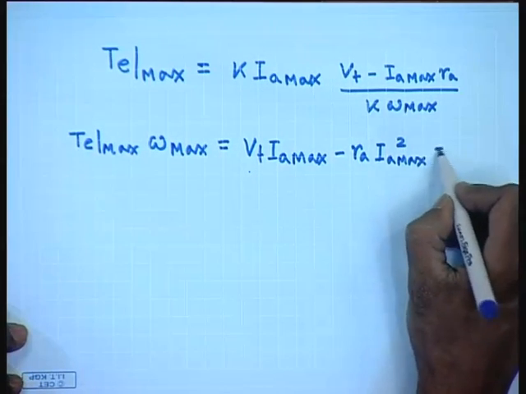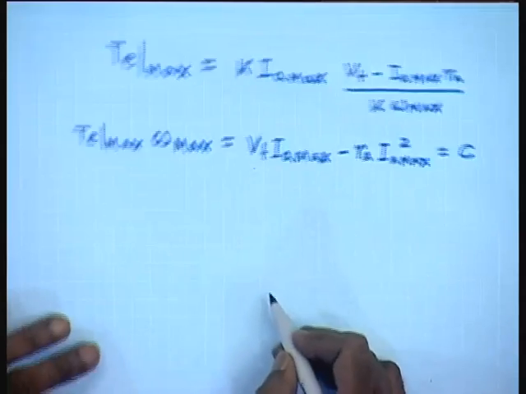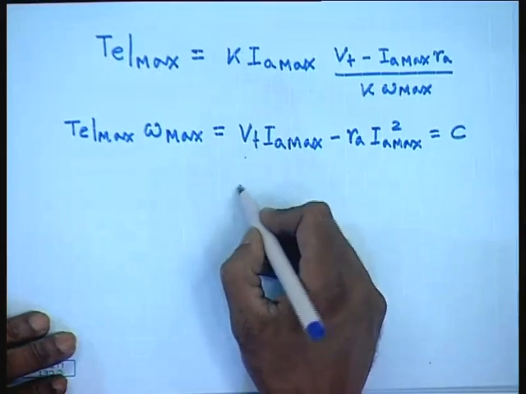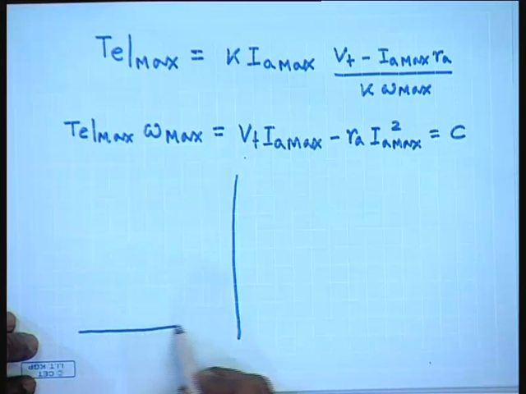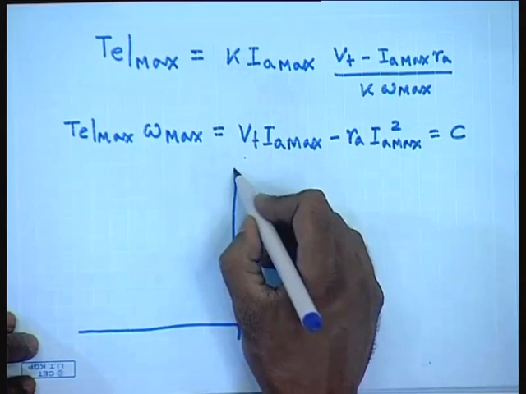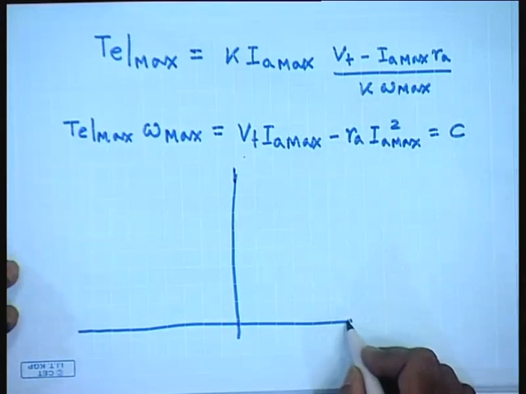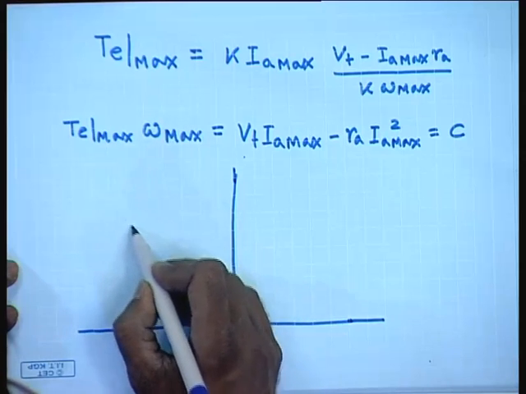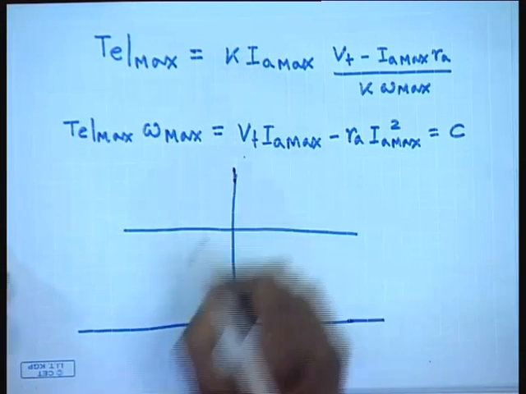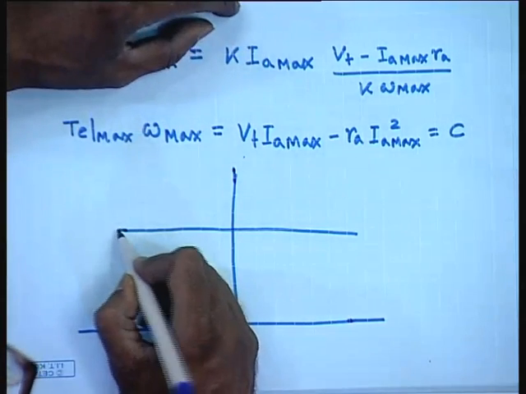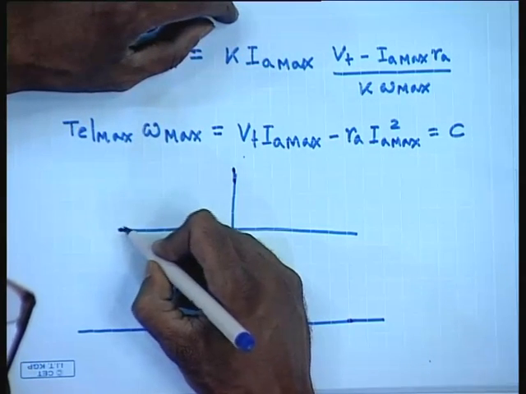That means T E max omega max equals constant. So, when you reduce field flux, it turns out that within the given armature current limit, the maximum mechanical power that you can develop either in the motoring or in the generating mode is constant.